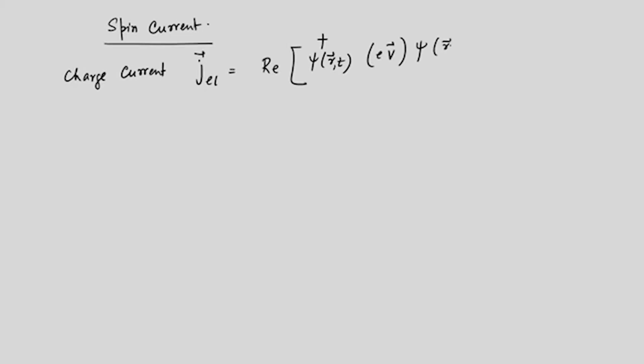So, just to remind you that the charge current has a form well known in quantum mechanics. It is J, let us write it with an electron, because it is the charge degree of freedom. This is equal to the real part of psi(r,t) dagger eV psi(r,t), where e is the electronic charge and v is the velocity, and psi(r,t) is the wave function.